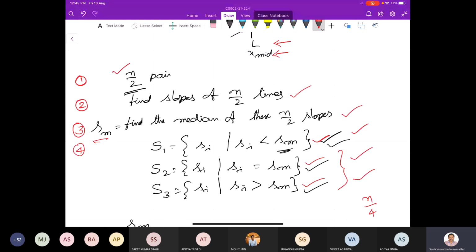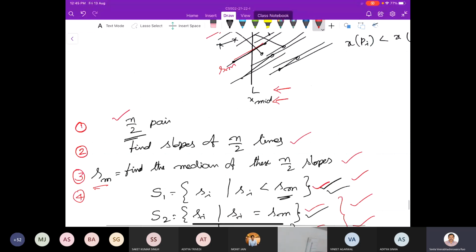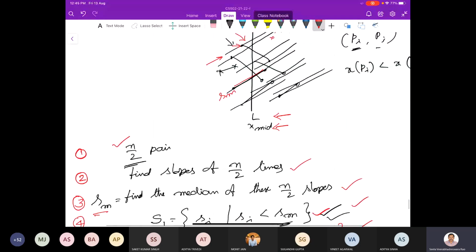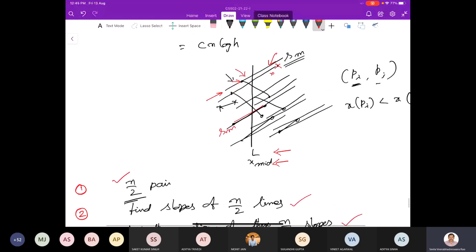Then what do you do? You know this median slope. With the median slope, you draw a line through each of these points. Drawing means no need to draw actually, I'm representing it pictorially. You take a line through each of these points with this median slope, so these are the parallel lines.